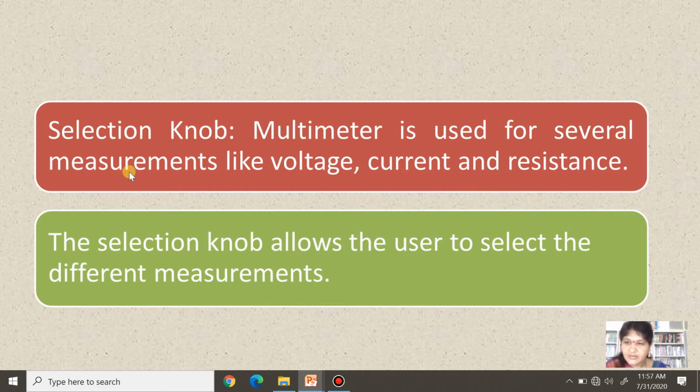We have the selector rotary switch. This switch can be rotated. For voltage measurement, we have to put it in this position. For current measurement, we put it in another direction. For resistance, we put it in some other direction. So these are the selections for the different measurements that can be done.